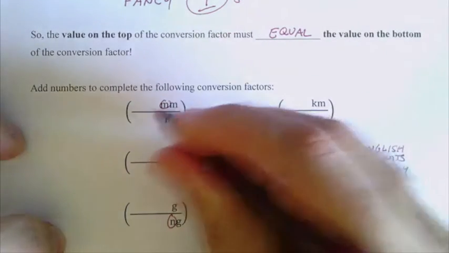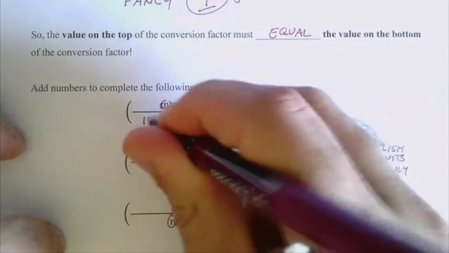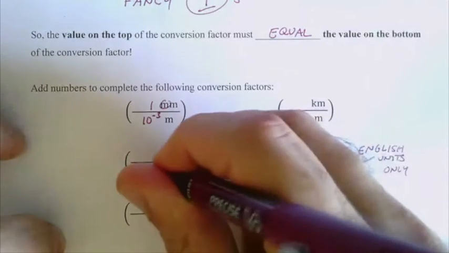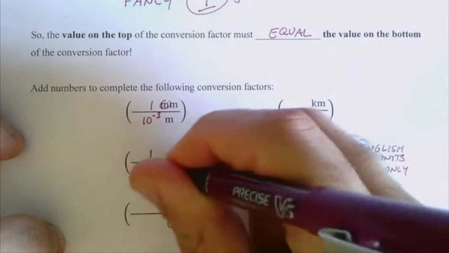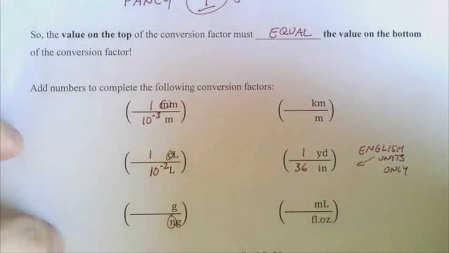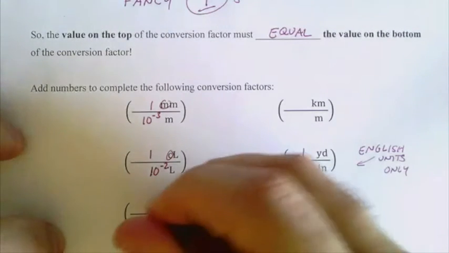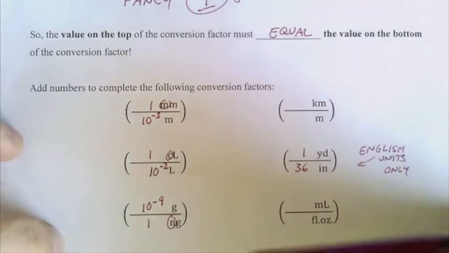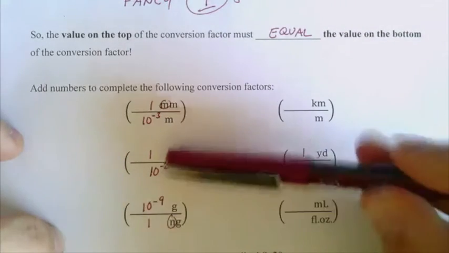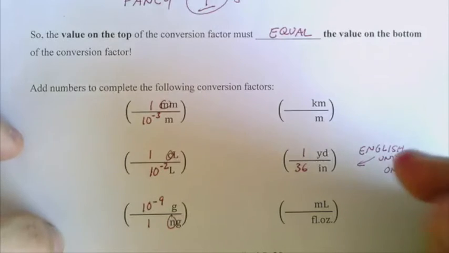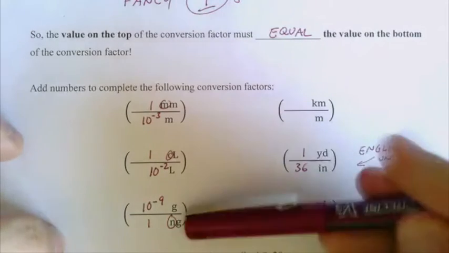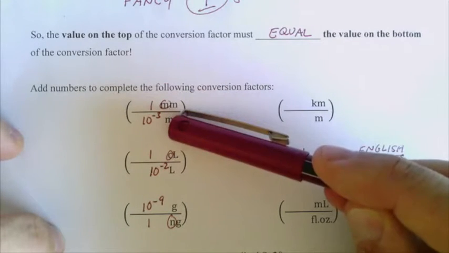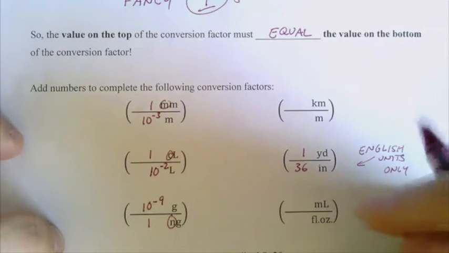In other words, a millimeter is 10 to the minus 3 meters, or a centiliter is 10 to the minus 2 liters, or a nanogram is 10 to the minus 9 grams. Notice there's no inherent logic about whether the power of 10 ends up on top or bottom. It's all about making the two things equal. And as long as you can confidently say one of these is 10 to the minus 3 of that, you've got a good conversion factor.